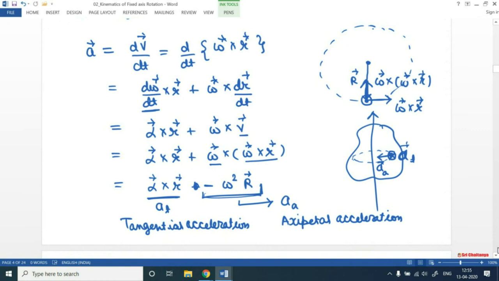So here we have completed the kinematics of rigid body rotation. Now let's discuss the constraints of a rigid body.